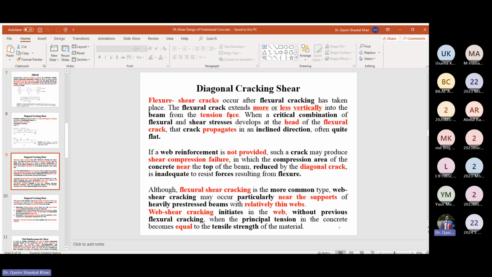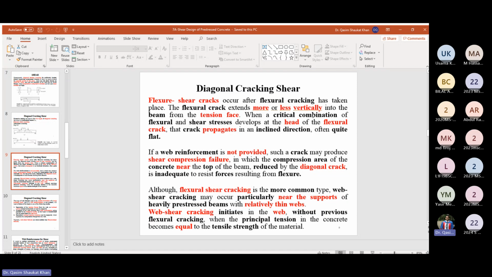Because of the application of service loads, there will be large bending, that is sagging, in the beam, and at the bottom you have tension. When the tensile stresses become greater than the modulus of rupture, the flexural cracks appear and extend more or less vertically into the beam from the tension face.